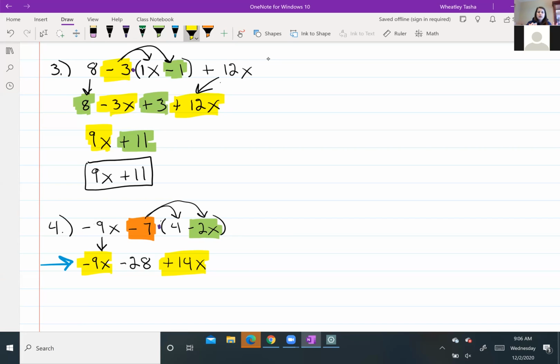If you lost $9 and then you find $14, that means that now you're up $5, right? Or let's say you owe somebody $9, but then you get paid 14. Well, now you have to pay off your debt and you're left with $5. So 5x minus 28. Now those cannot be combined because 5 has an x and -28 does not. So that is your final answer.